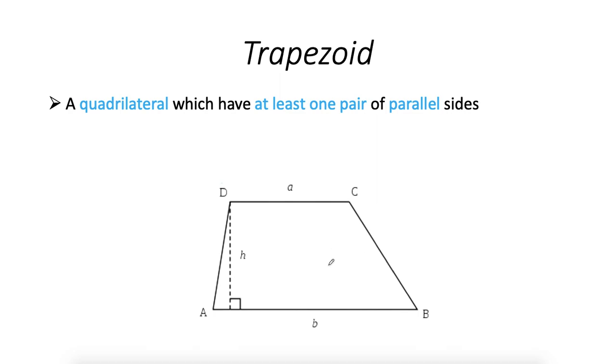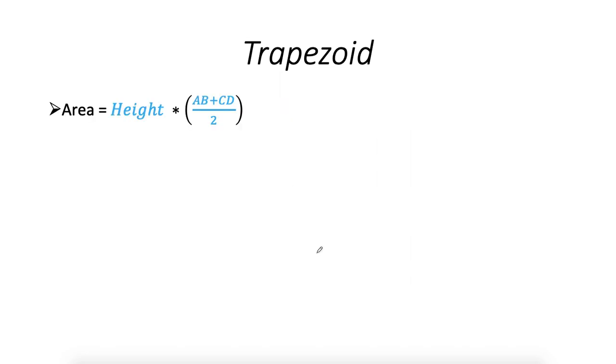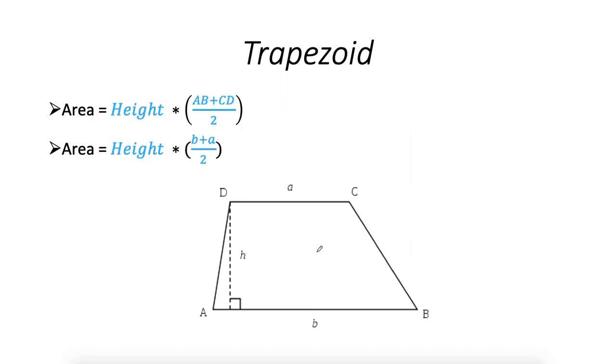We will see several cases of trapezoid. The first thing is to find the height. These two sides are parallel. This side CD is parallel to side AB, and this CD is equal to A and this AB is equal to B.